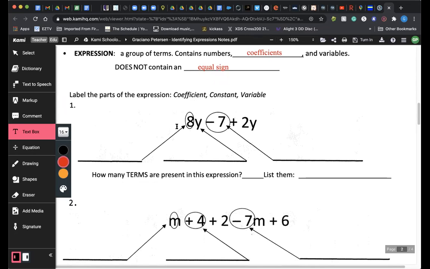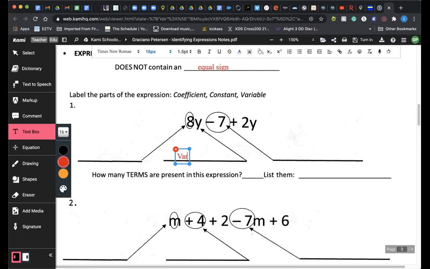I need the coefficient, the constant, and the variable. There are 3 things we have to identify, so you tell me which one you're going to identify. What's the variable? It's y. Y is my variable. Very good. The second arrow is pointing to y, so that's my variable.